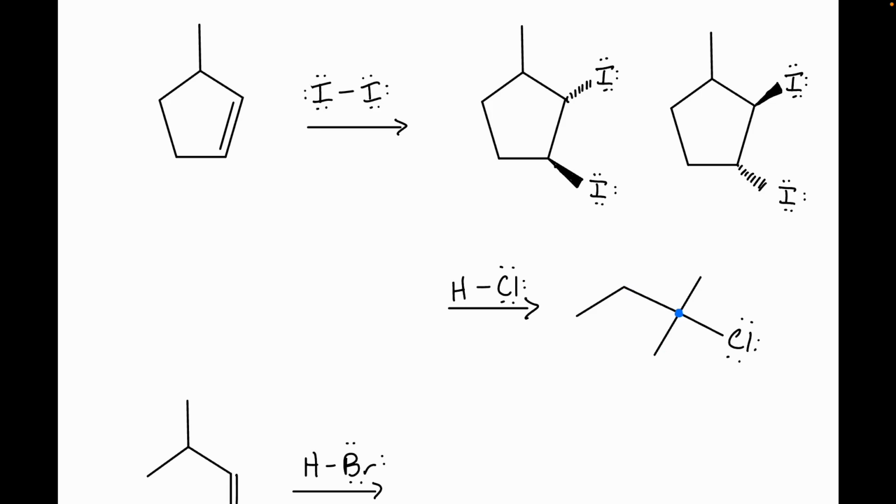So if I just want to draw out all the possibilities here, let's just color these carbons. So we have a red one, an orange one, and a green one. So here it was on the red.